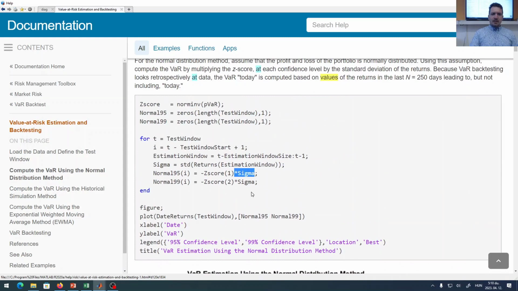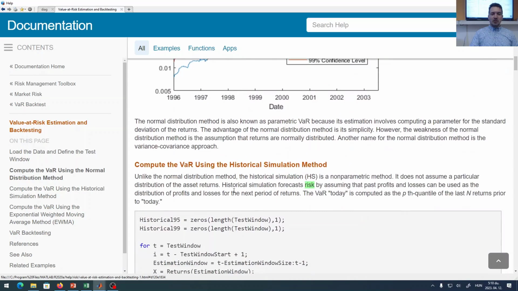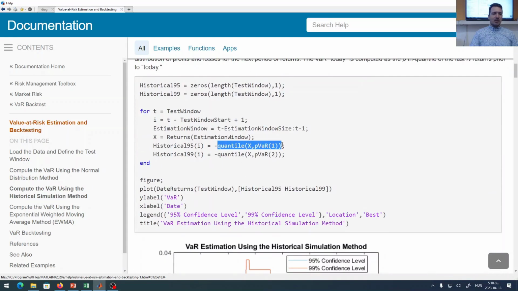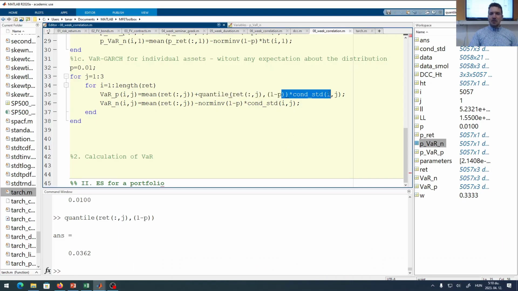And also we can see that now we don't need the sigma at all, because this sigma is coming from the normal distribution. Here the quantile is coming directly from the data itself. So if you don't want to fit a large model, then this is the way. And that's why we can also eliminate this part.